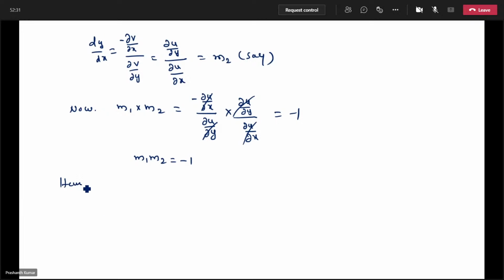Hence the curves equation 1 and equation 2, these two families of curves cut each other orthogonally.